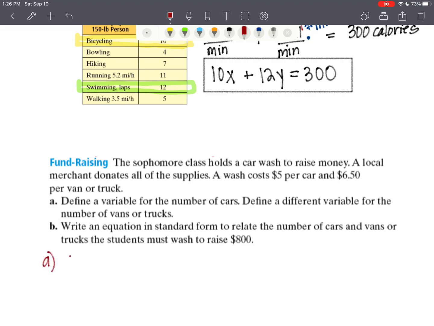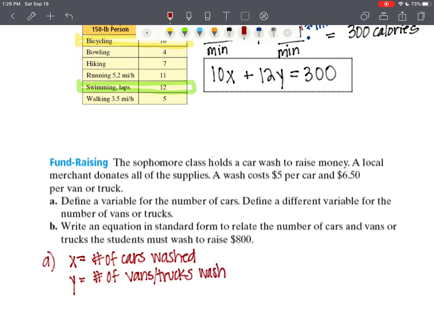Okay, the answer to A, x equals the number of cars washed, not just the number of cars, but the number of cars washed. And y equals the number of vans or trucks washed. And then B, for every car wash, that's $5 per car, so 5x.